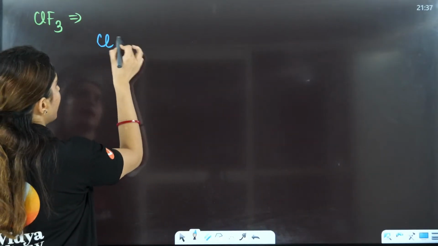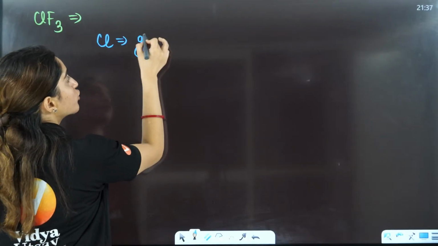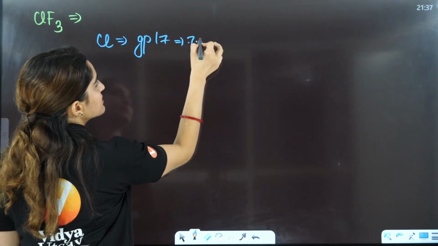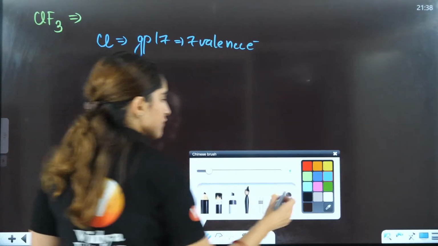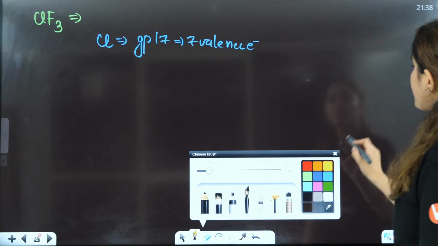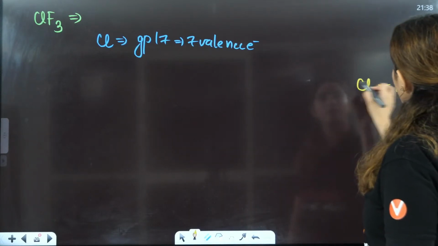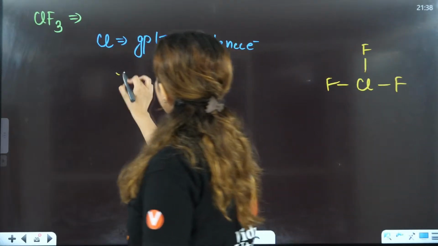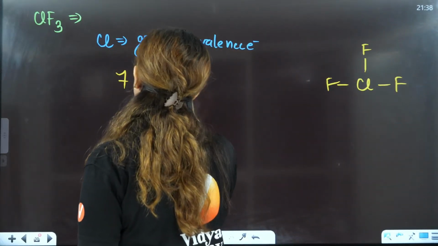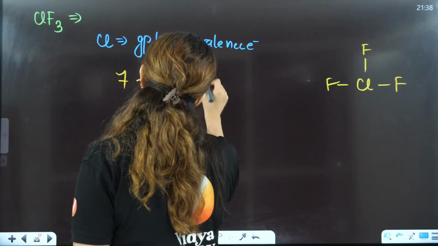Chlorine belongs to group number 17. It has 7 valence electrons. It is forming 3 bonds, with fluorine, fluorine and fluorine. So that means 7 minus 3, that is 4 electrons.